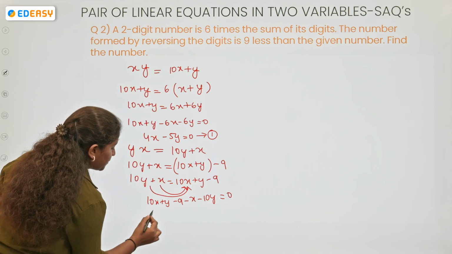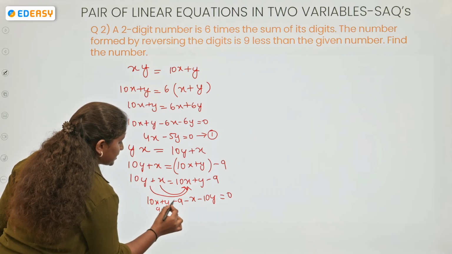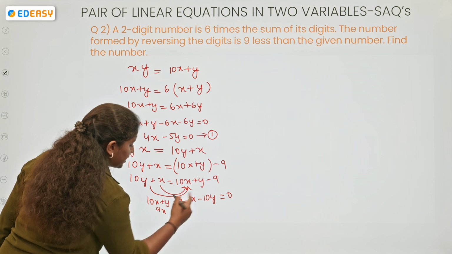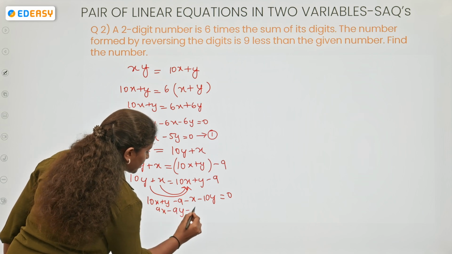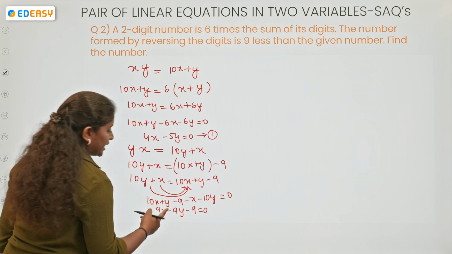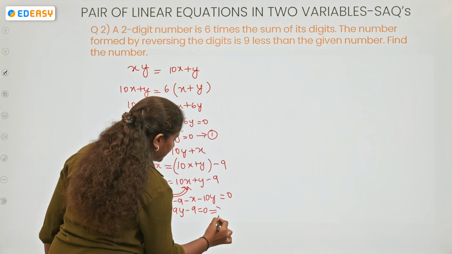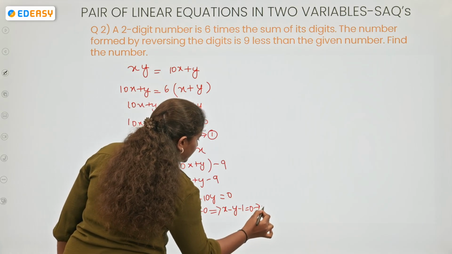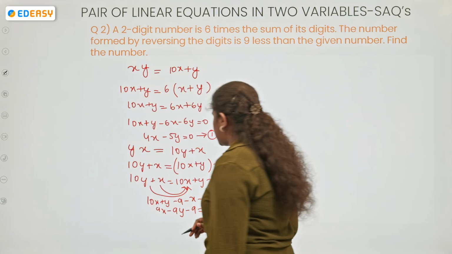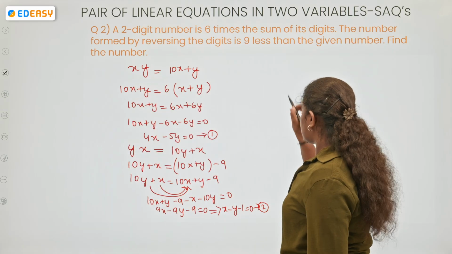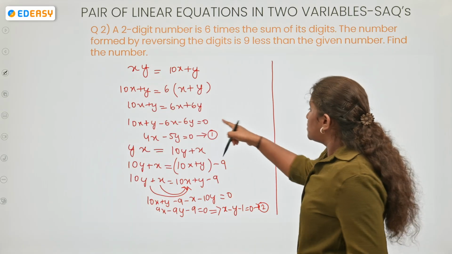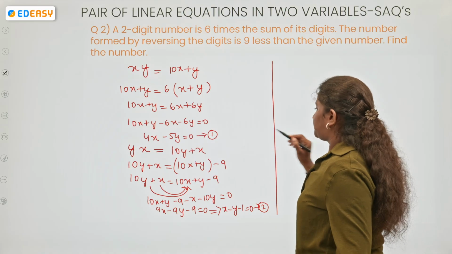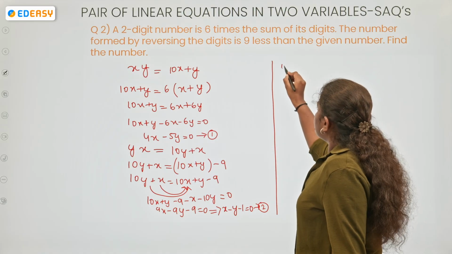Now 10 minus 1, 9x, plus y minus 10y, minus 9y, minus 9 equals 0. Taking 9 common, it will become x minus y minus 1 equals 0. This is your equation 2, right? So we got x minus y minus 1 equals 0. Now solve equation 1 and 2. Clear?